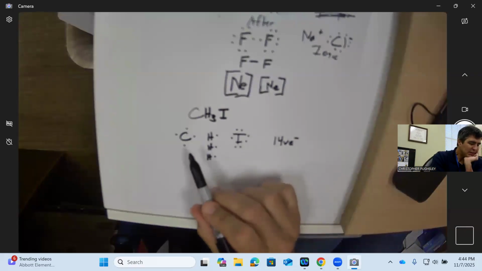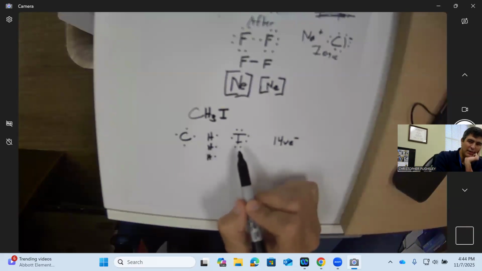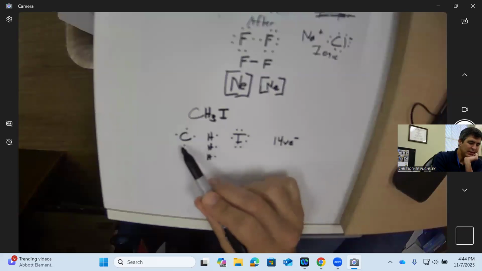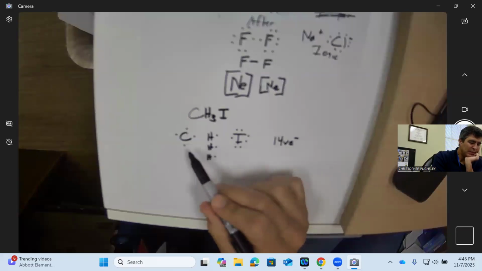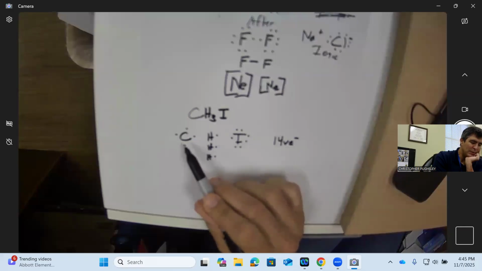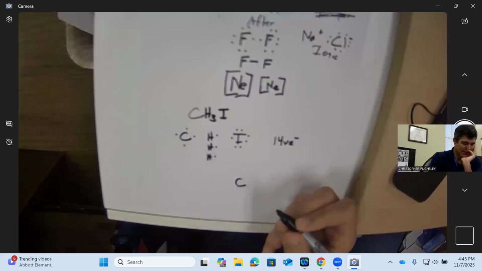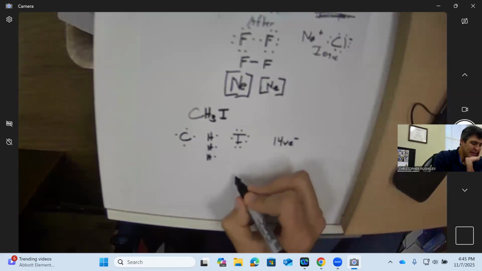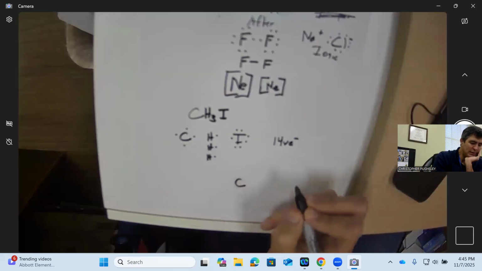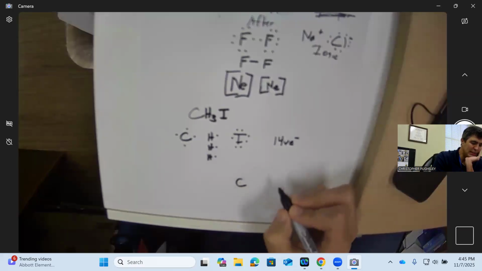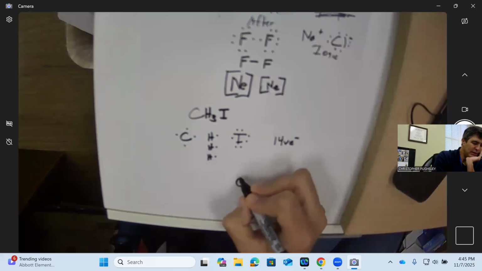Okay. So with 14 valence electrons, I'm going to typically put the element that is the least electronegative in the center. Now, carbon and iodine both have an electronegativity of 2.5. But from experience, I know that I'm going to put carbon in the middle. You would figure this out eventually. And it says you're going to put 1 pair of electrons between each of the atoms.